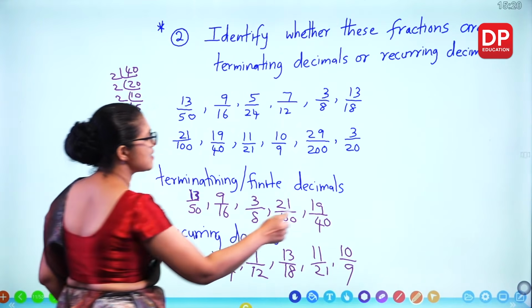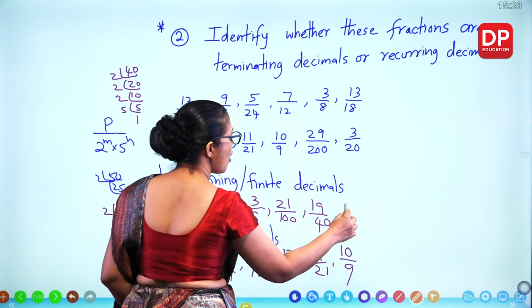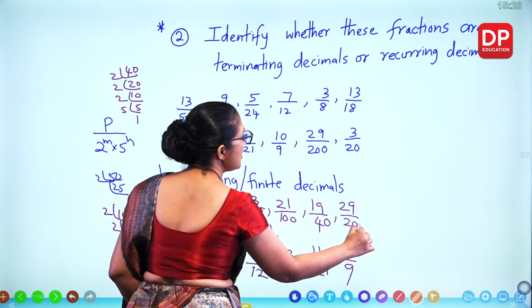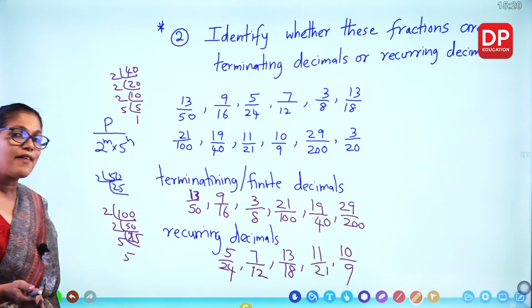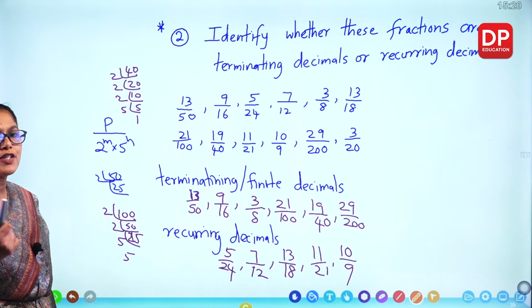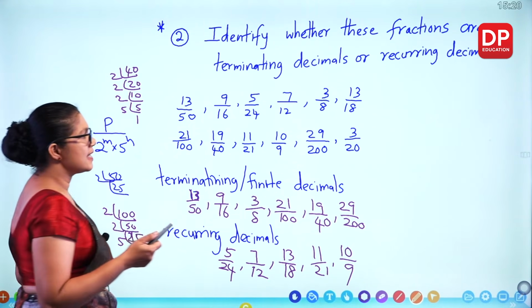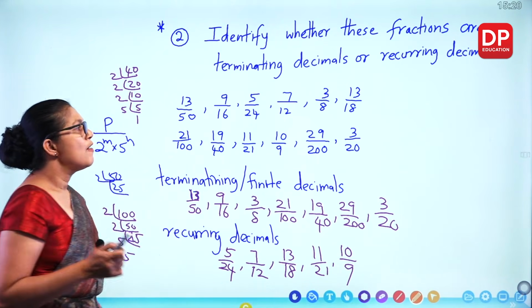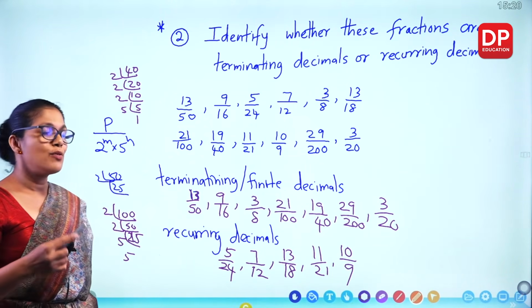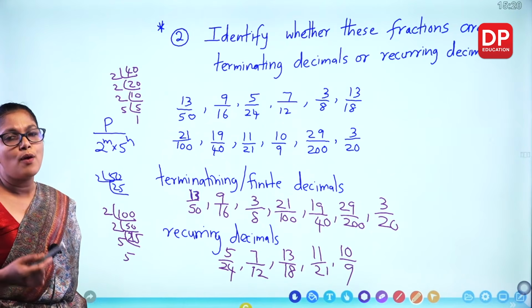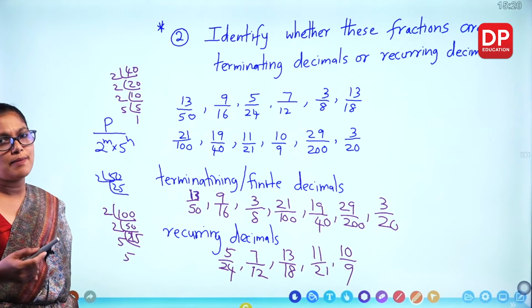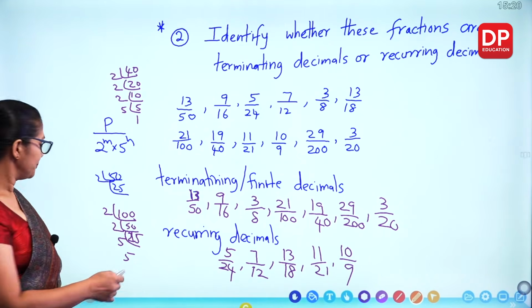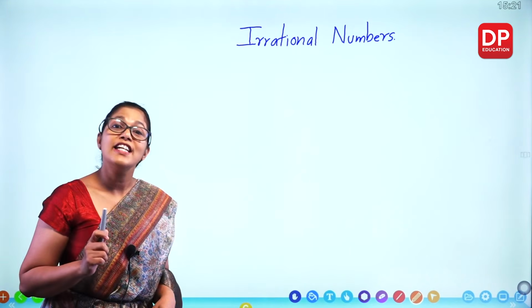So that's also a terminating or finite decimal. What about 20? How can I write 20? 2 to the power 2 into 5. So that's a terminating decimal. So when you look at the denominator, you can easily identify whether it's a terminating, finite or recurring decimal.